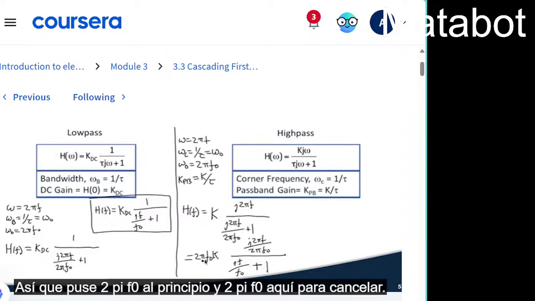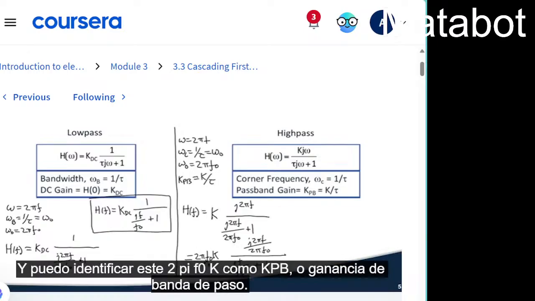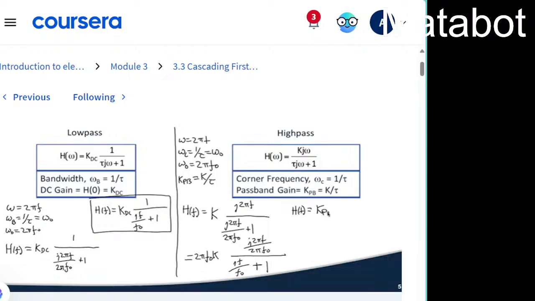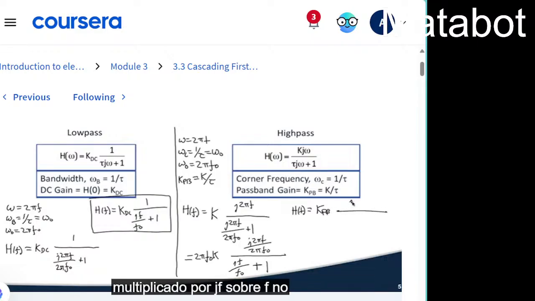So I've put a 2 pi f naught out front and a 2 pi f naught here to cancel, and I can identify this 2 pi f naught K as being K PB, or the passband gain, which means that H of f is equal to K PB times j f over f naught divided by j f over f naught plus 1.